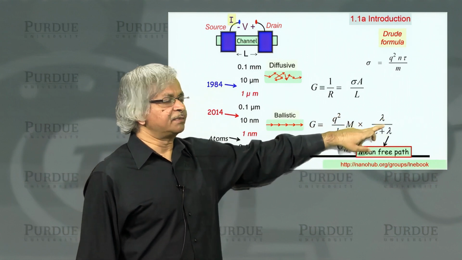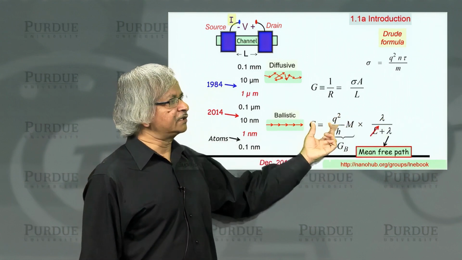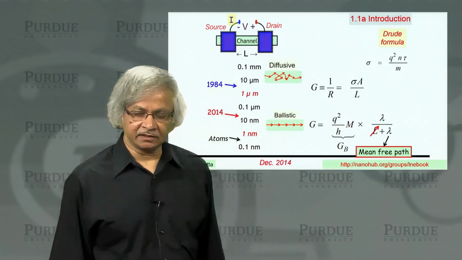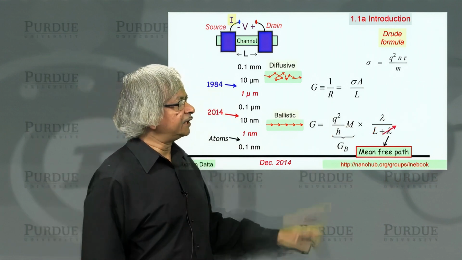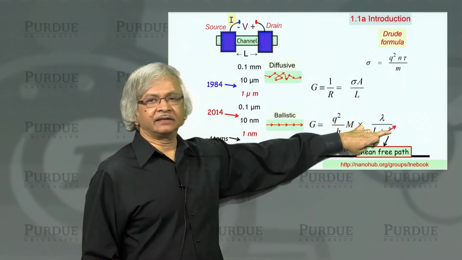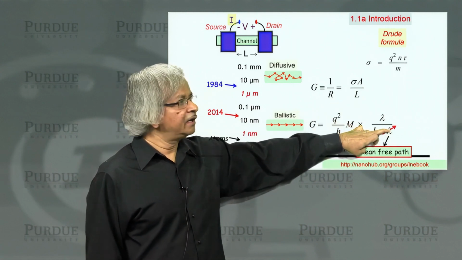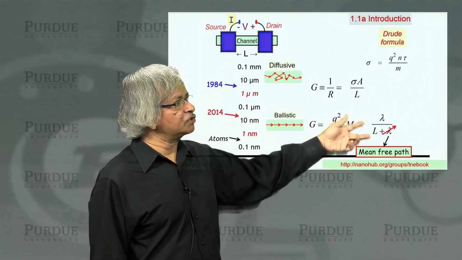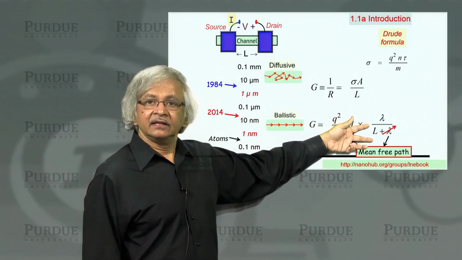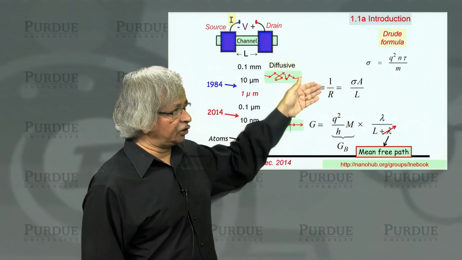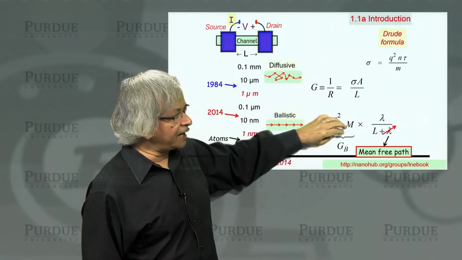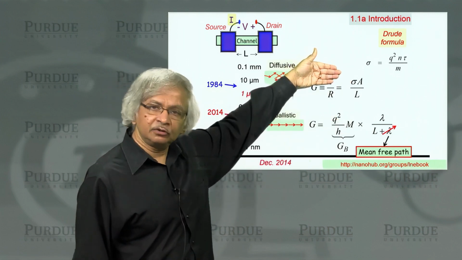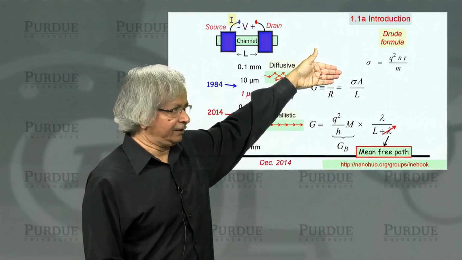And this factor just becomes 1, and so the conductance is equal to the ballistic conductance. On the other hand, if you had a very long device, then you can ignore the mean free path down here in the denominator, and now you get a conductance that goes inversely as length, just as you expect for long devices. So this point of view actually naturally leads up to long devices as well.